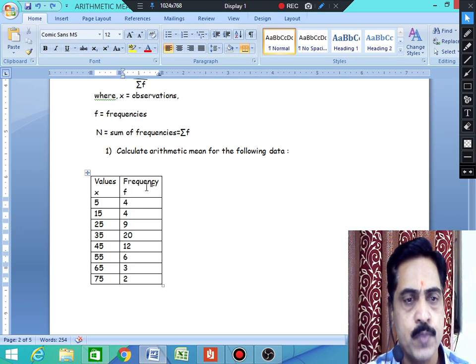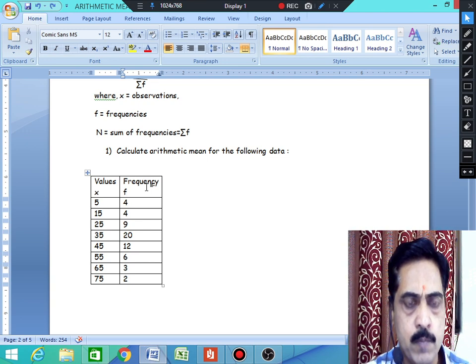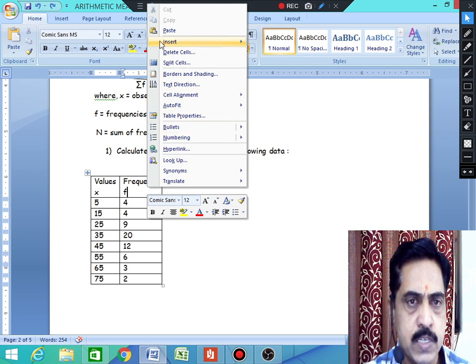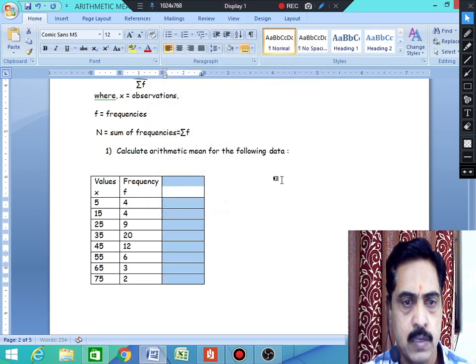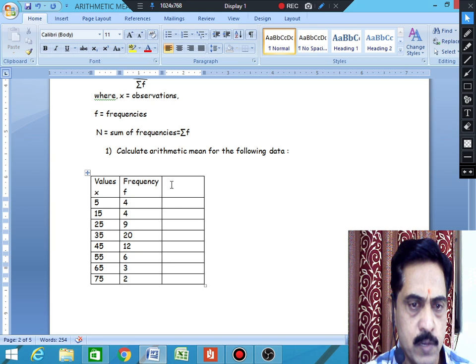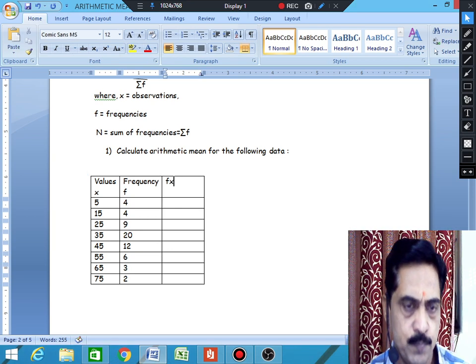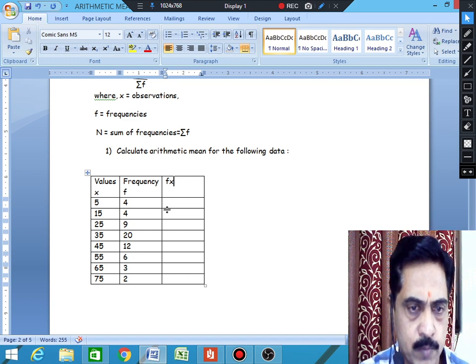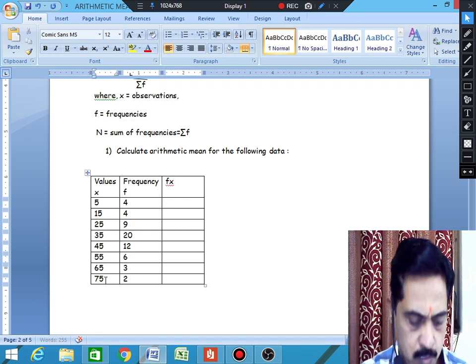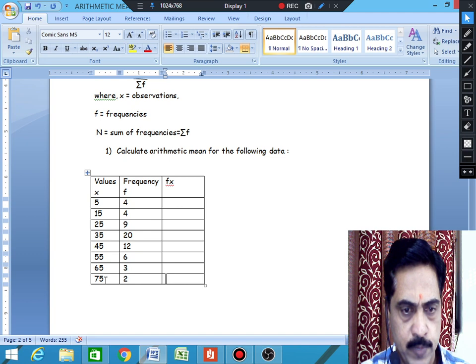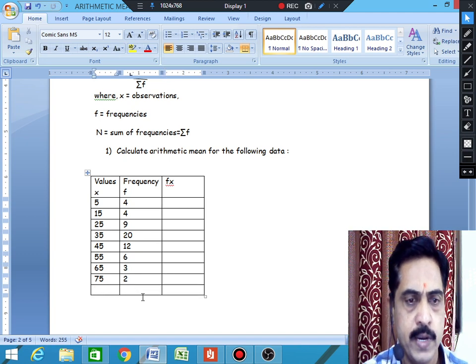For that we have to construct a column which is the product column. Let us write this as the fx column. Okay. Now I will make one more row for writing the totals.